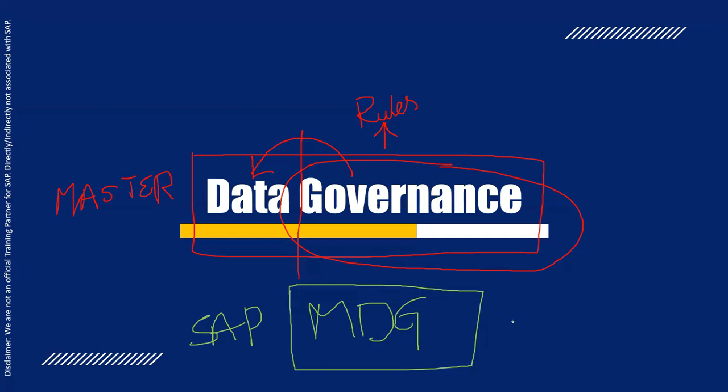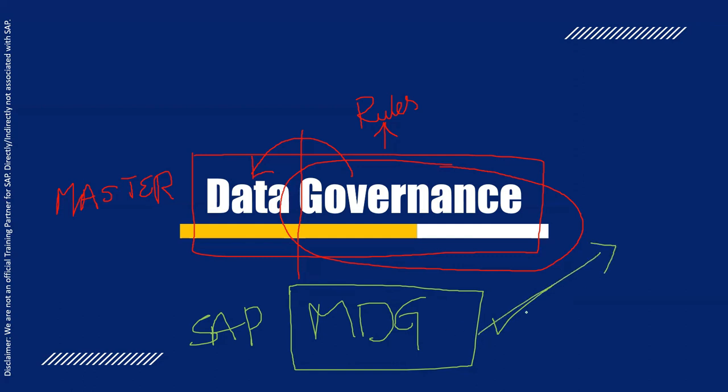In our course, we are going to see in detail in our live sessions what MDG is, how we are going to use MDG to improve master data quality, how it can benefit the customers, and what kind of master data we can control using MDG. And what are the roles and responsibilities of MDG consultants?